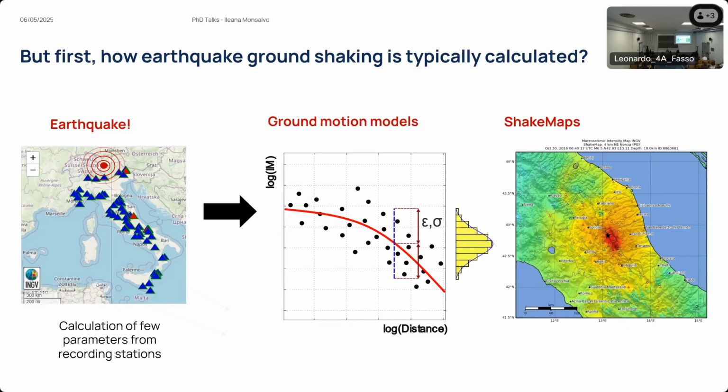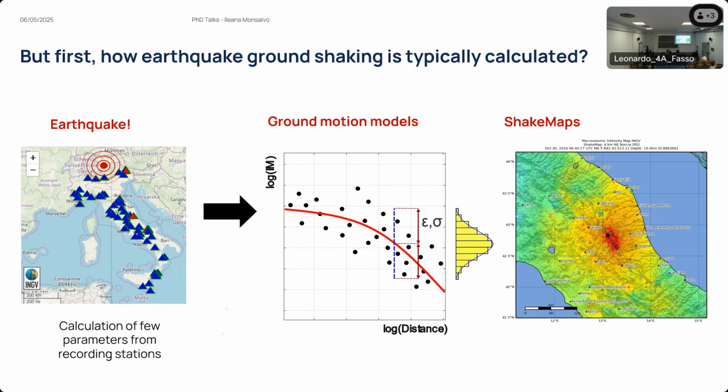These serve as an input for what are called ground motion models, that are empirical relations calibrated from past earthquakes, and they allow us to calculate how much a point in the ground shakes as a function of the magnitude or, for example, the central distance of that point.